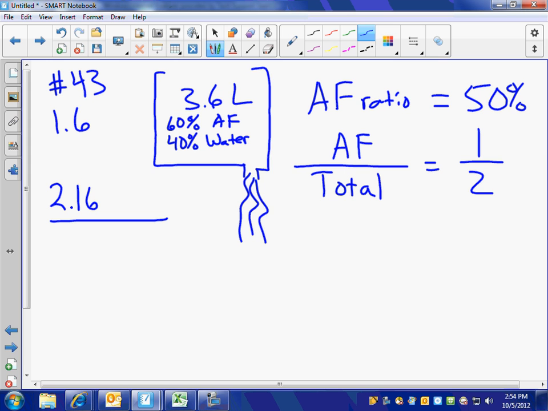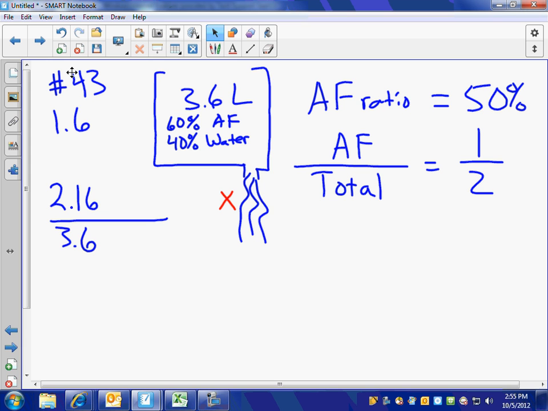How much total is in there right now? Just all fluid. 3.6. Let's now pull the plug on the radiator, the drain plug, and let's start to let fluid out. How much fluid are we going to let out? We don't know. That's what we're trying to figure out. So we're going to let X out.